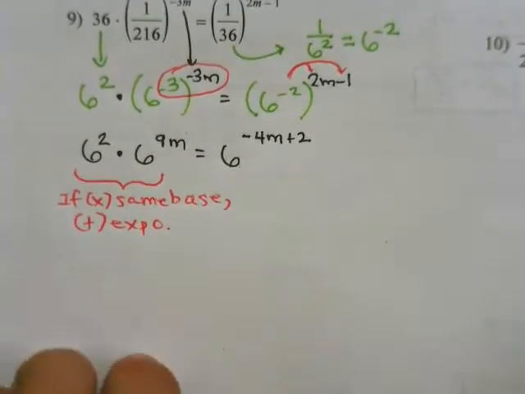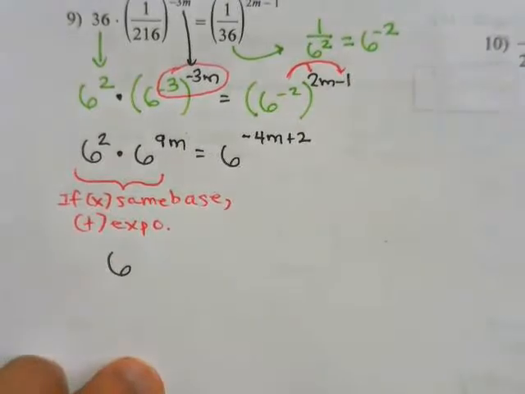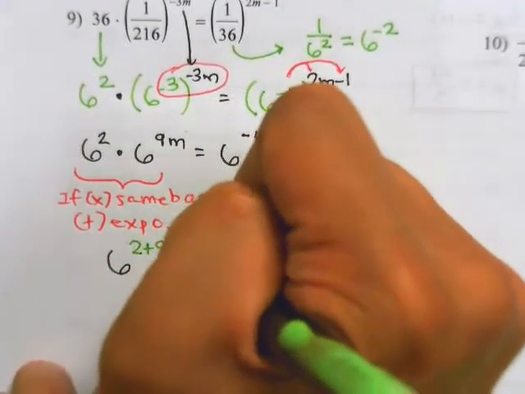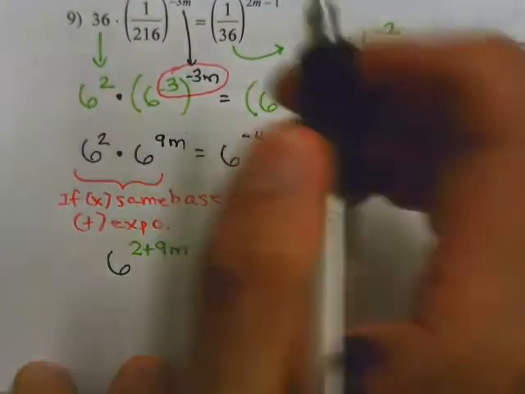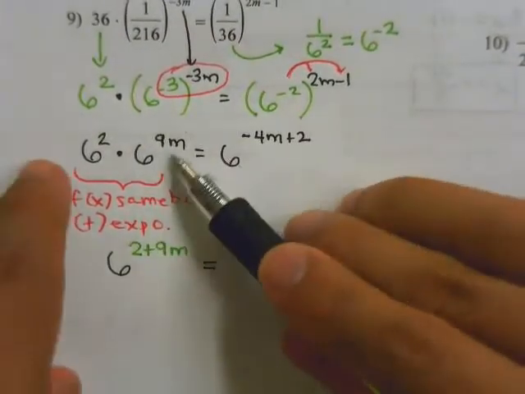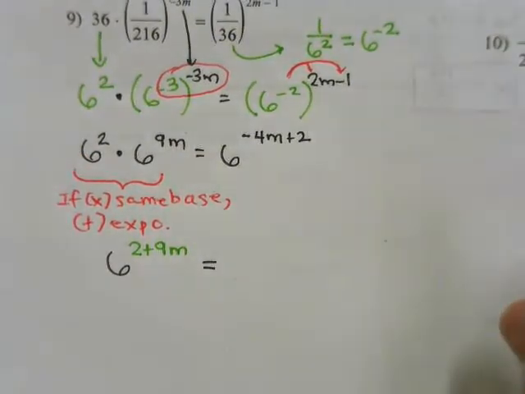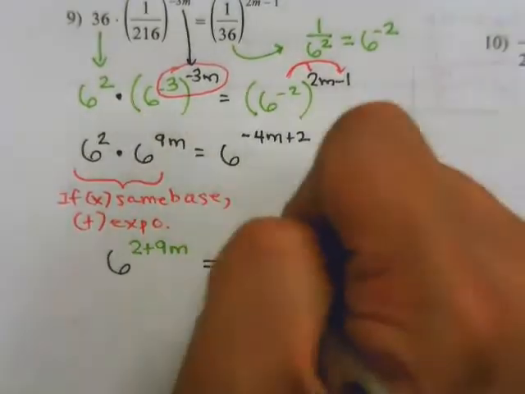What I mean by this is now it's going to be 6, just one base, and it's going to be 2 plus 9m. You have the same base, 6 and 6, add up the exponents. So now you just leave it as one base, 6 to the 2 plus 9m.